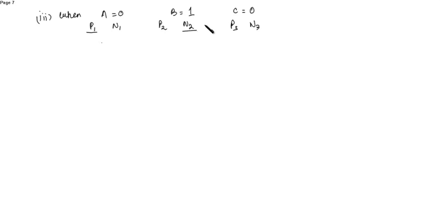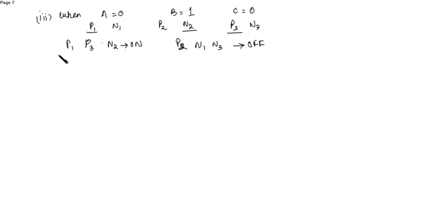When B is 1, N2 will turn on. When C is 0, P3 will turn on. So in this case, P1, P3 and N2 will turn on. Then P2, N1 and N3 will turn off.